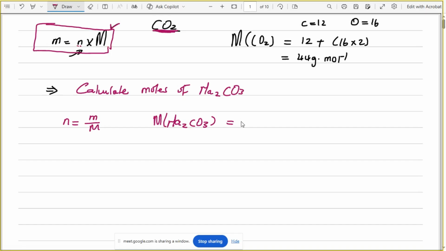Sodium is 23, right? Yes, but there are 2 of them. Carbon is 12, and then 16 plus 16 times 3. Punch that on the calculator, tell me what you get.